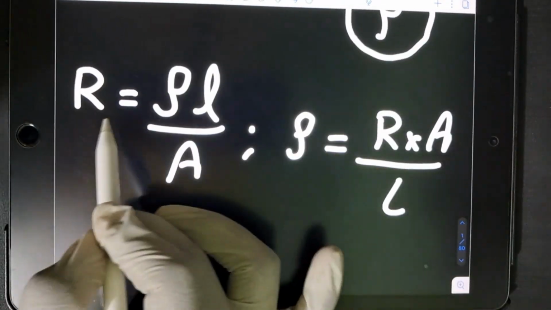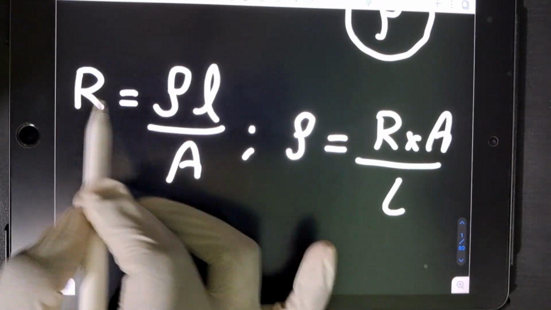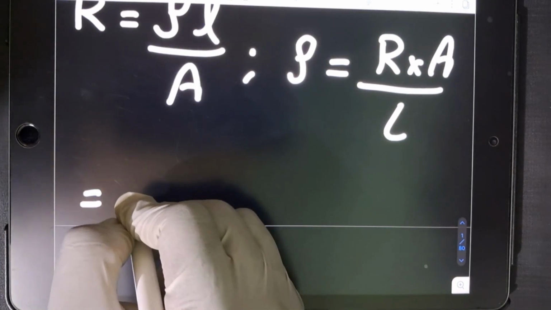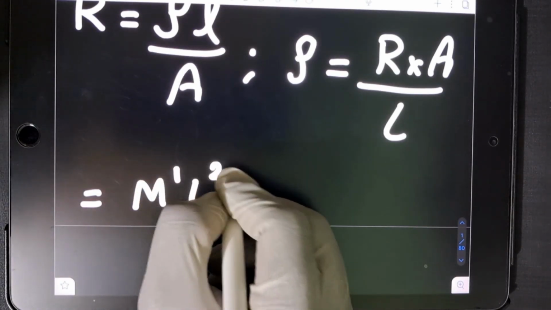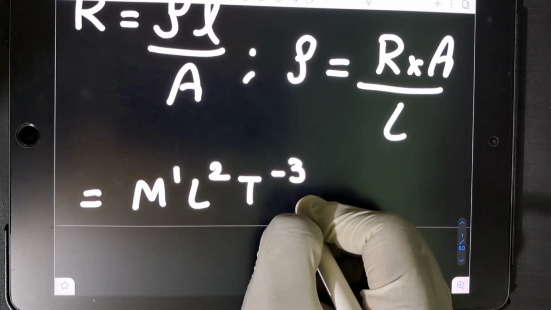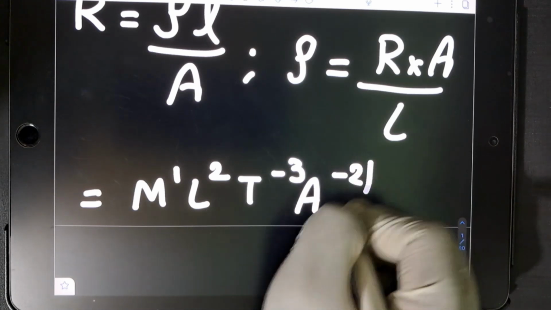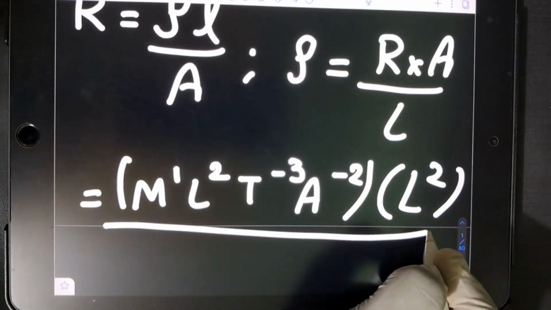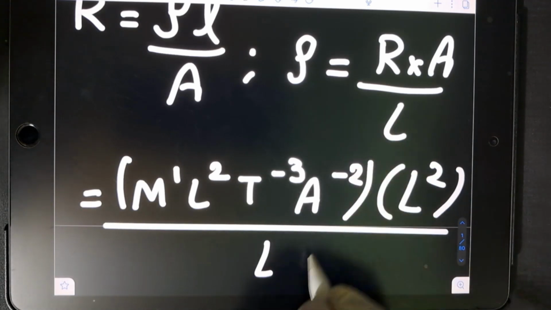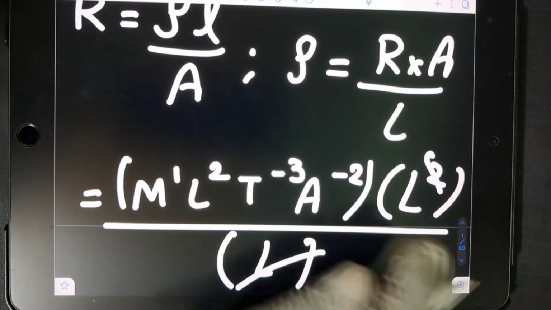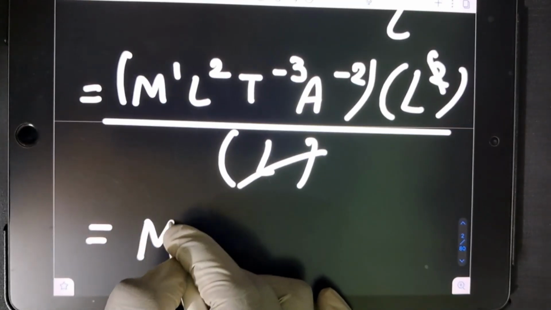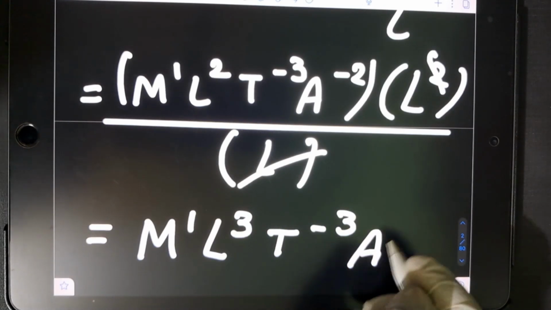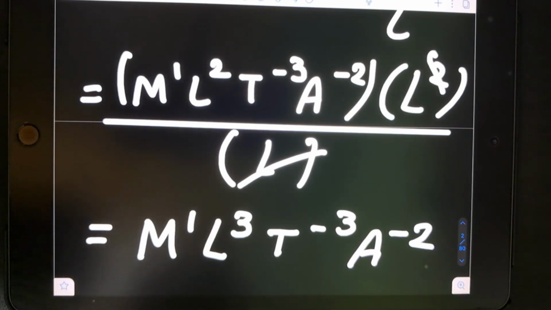Here R is equal to rho L by A, where rho is equal to resistance into area by length, RA by L. So here we must know the resistance dimensional formula, M power 1, L power 2, T power minus 3, A power minus 2, and into area is L square, and here length is L. So on cancellation of length dimension we get M power 1, L power 3, T power minus 3, A power minus 2 is the dimensional formula of electrical resistivity.